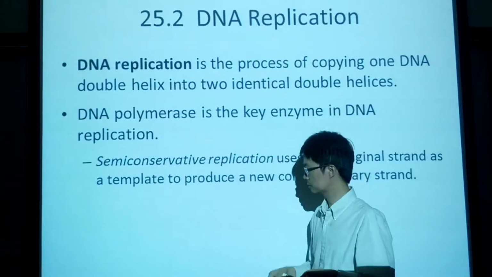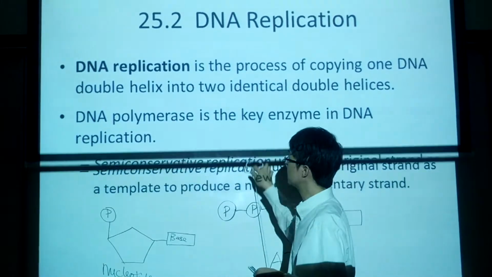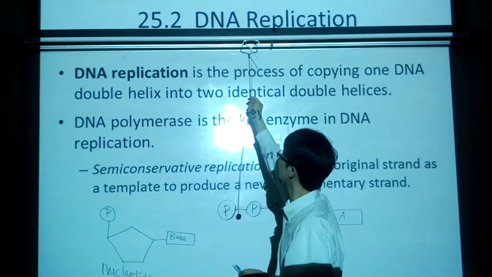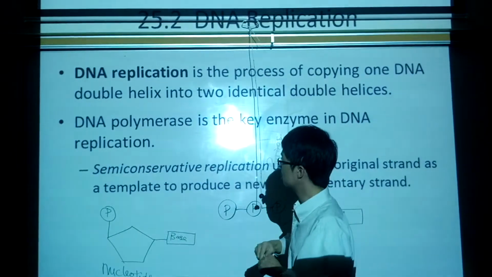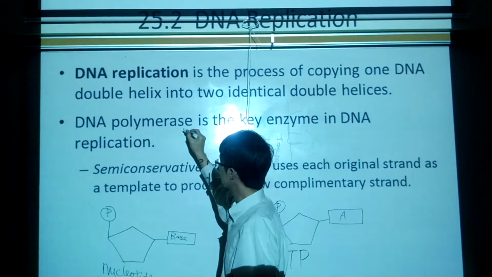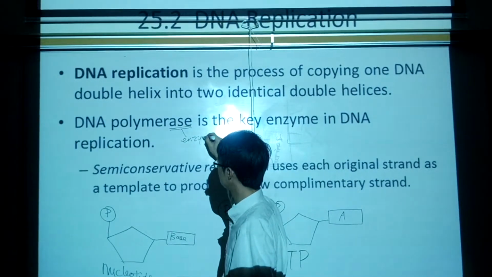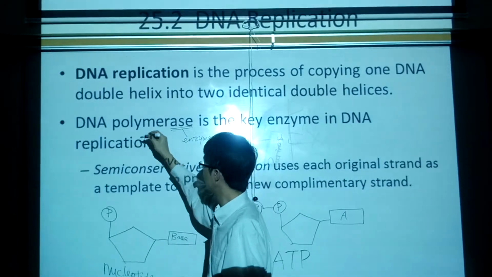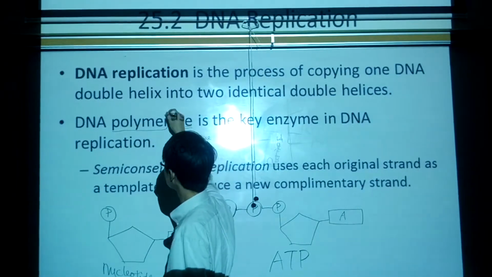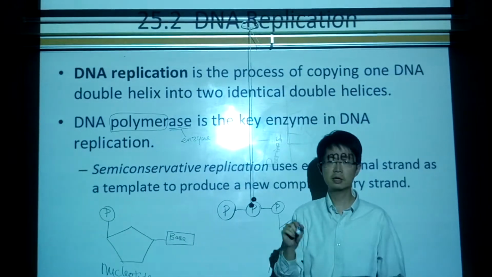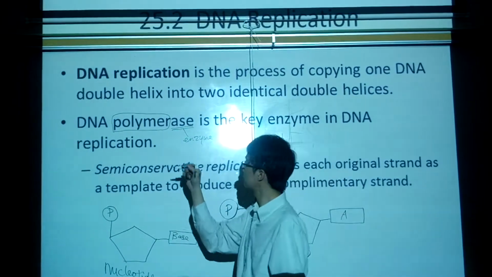DNA polymerase. Again, ase means an enzyme. Polymer, you know that it is a macromolecule, like a long chain.